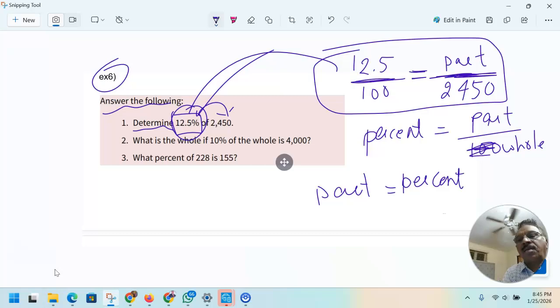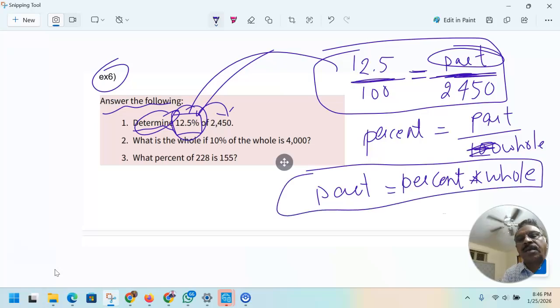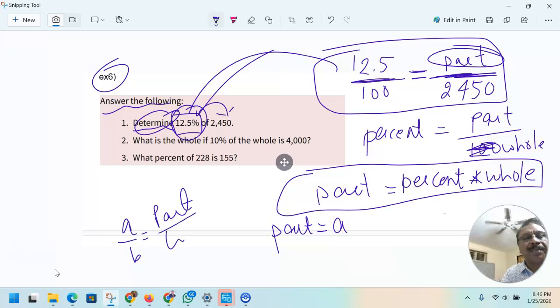If you understand, then you don't have to watch this, but I'm just trying to show all the steps. So that's what they're asking. We don't know the part, which we call A, because when you have a fraction A over B, it is part over whole.